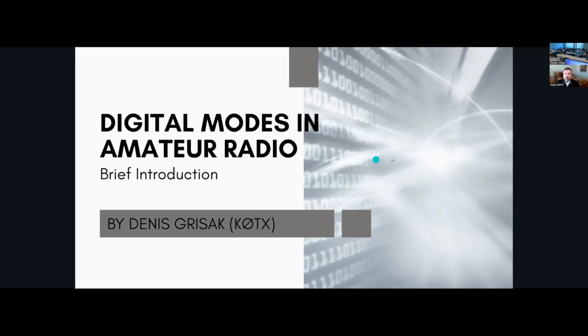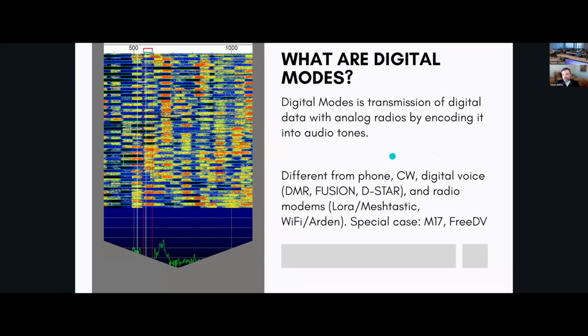So let's start with the digital modes. Here's a definition that I came up with based on some other definitions to fit it in one sentence. Digital modes is a transmission of digital data with analog radios by encoding it into audio tones. So the most important part is that you can use your regular audio capable radio for digital modes.